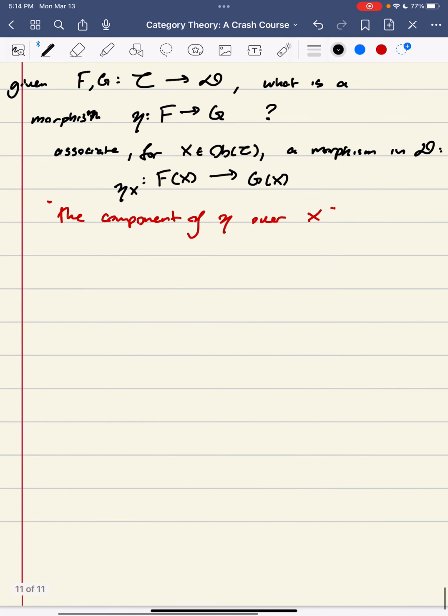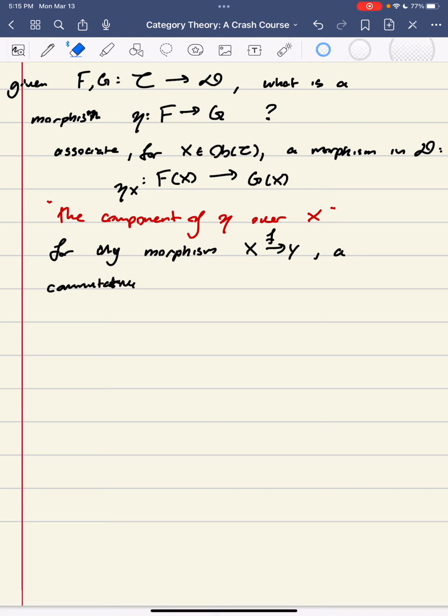And for any morphism, let's say little f from x to y, we have a commutative diagram. Okay, so what do we have to keep track of here?